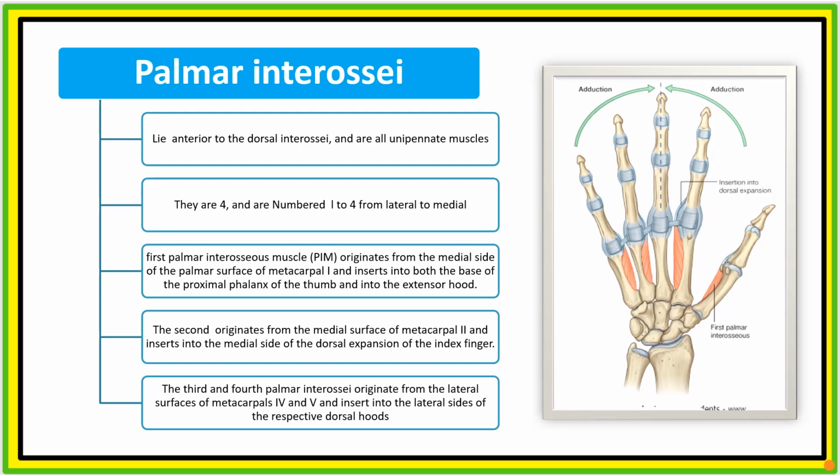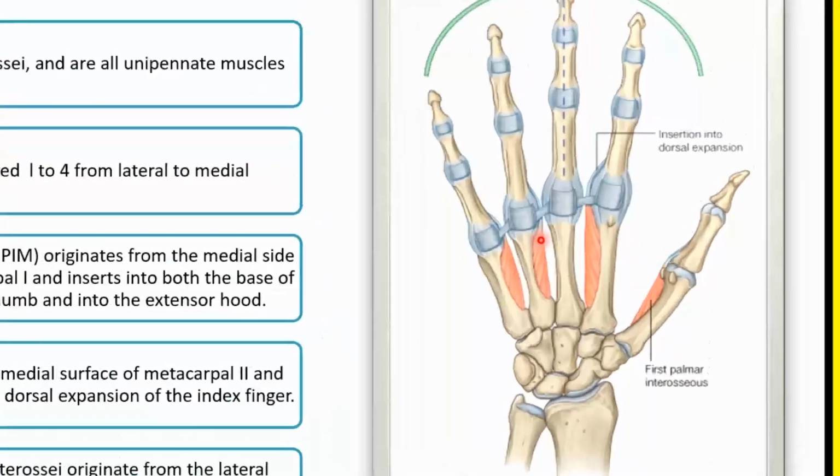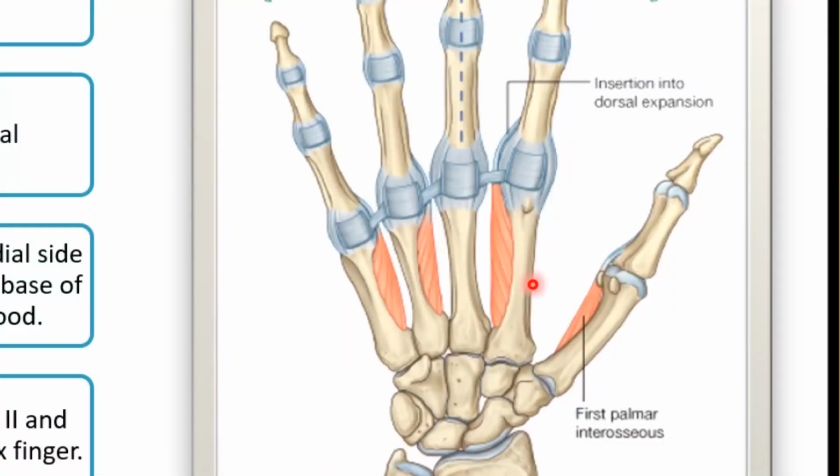These muscles lie anterior to the dorsal interossei and are 4 in number. They are numbered 1 to 4 from lateral to medial. The first palmar interosseous originates from the medial side of the palmar aspect of metacarpal 1. Here is the first interosseous, and this is the first metacarpal, with the first palmar interosseous originating from its anterior surface.